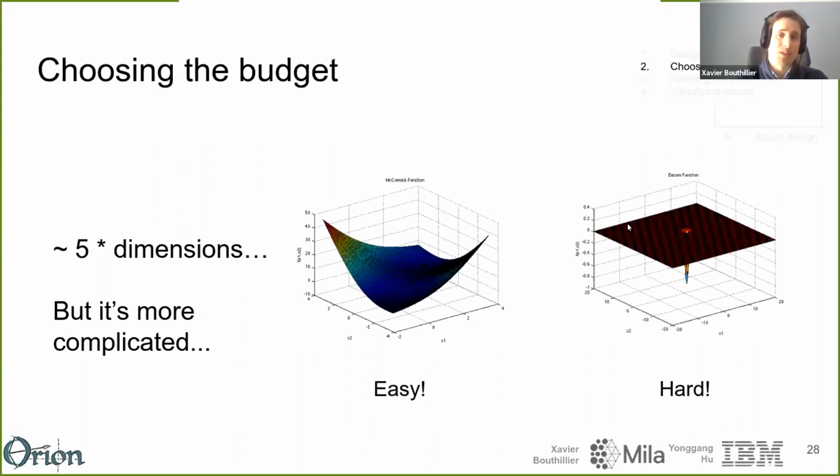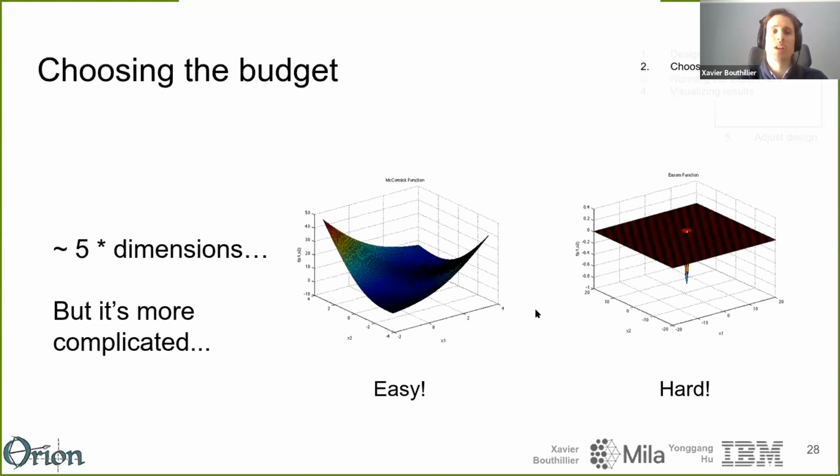But if you have a search space that looks like this, where it's really steep and it's a really small region that is optimal, then with just 5 times the number of dimensions, you're likely to just fall always on this plateau of a 0 objective and never find the optimal region. So now you would need a lot more than 5 times the number of dimensions.